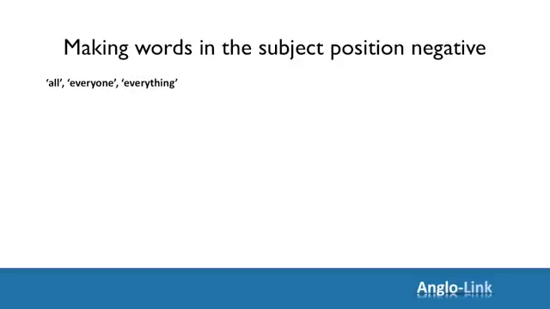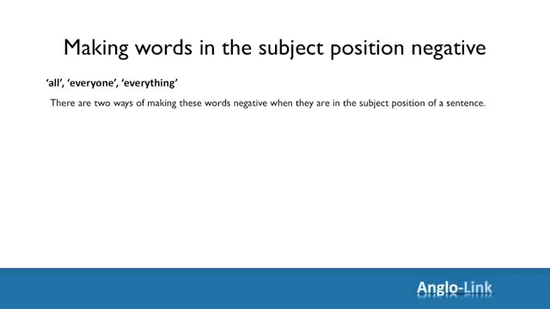When you have a sentence that begins with these words, where these words are the subject of the sentence, and you want to make it into a negative idea, you have two ways of doing this. You can add the word not to the beginning of the sentence, or you can use a negative word, which is the opposite of all, everyone, or everything. The opposite of all is none, the opposite of everyone is no one, and the opposite of everything is nothing.